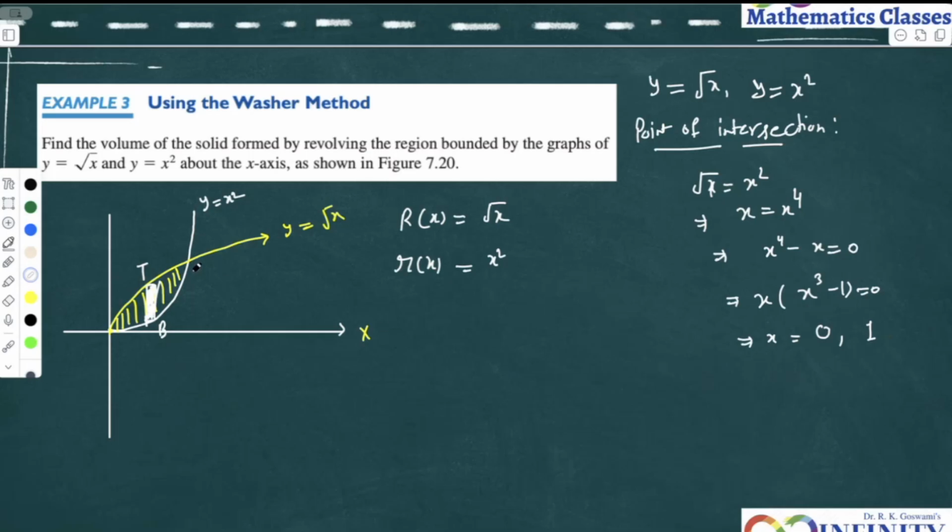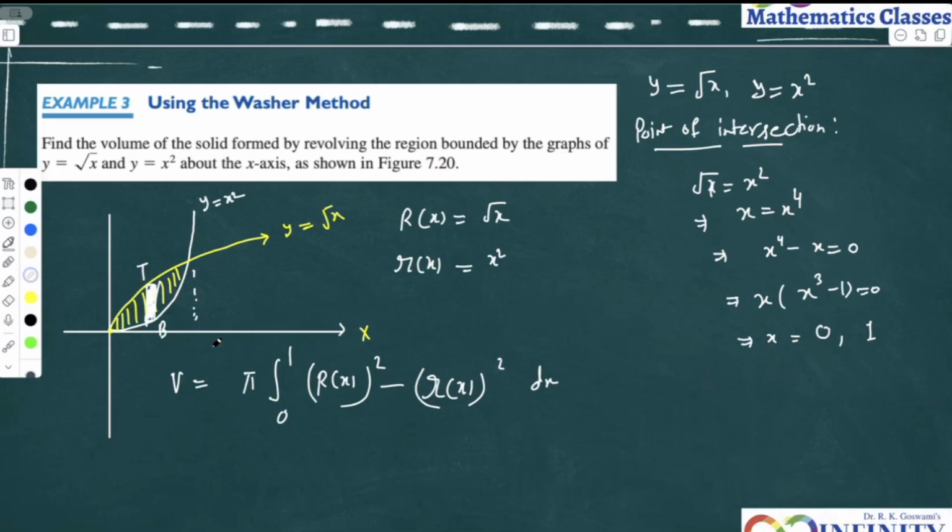So you have got the limits also. Now apply the washer method. The washer method will give you the volume. It is going to be pi times the integral from 0 to 1 of capital Rx square minus small rx square dx. We are rotating about the x-axis.